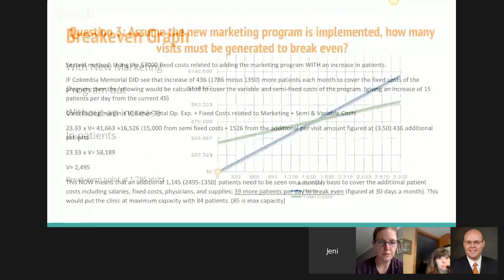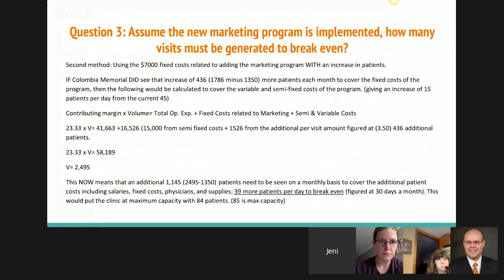Our second method was to use the $7,000 fixed cost related to the new marketing program with an increase in patients. If Columbia Memorial did see that increase of 436 more patients each month to cover the fixed costs of the program, then the following would be calculated to cover the variable and semi-fixed costs of the program, given an increase of 15 patients per day from the current 45.